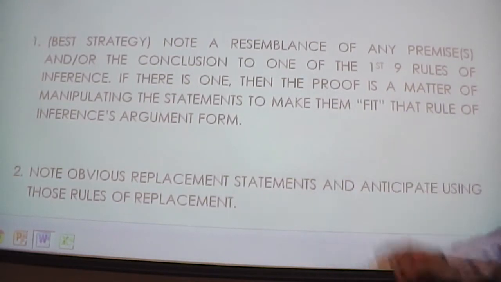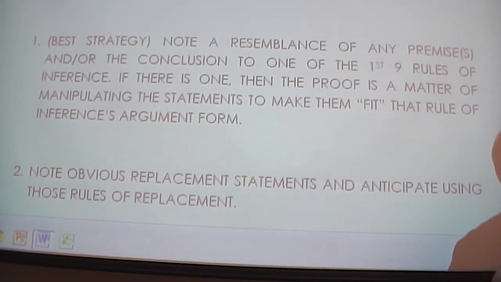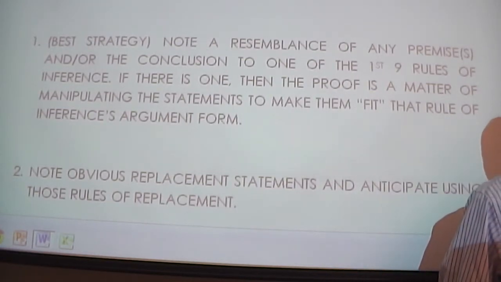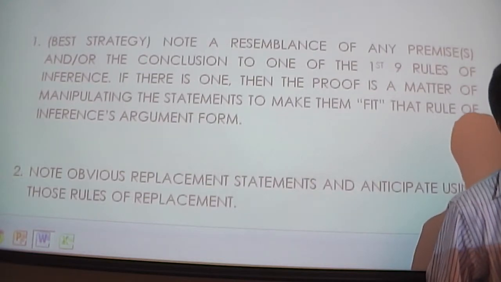And the first and best one, it's best because it's most successful. It also happens to be the one that's used in, I would say, easily 9 out of 10 cases. And that involves your ability to recognize what resembles one of our first 9 rules of inference.